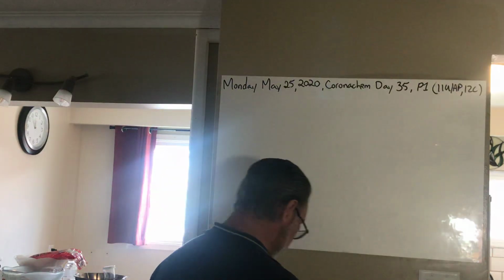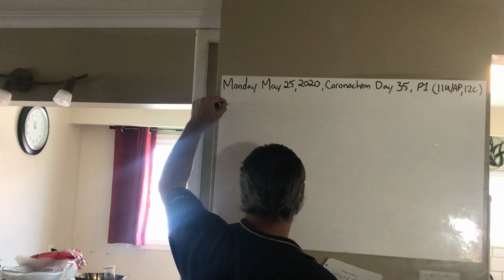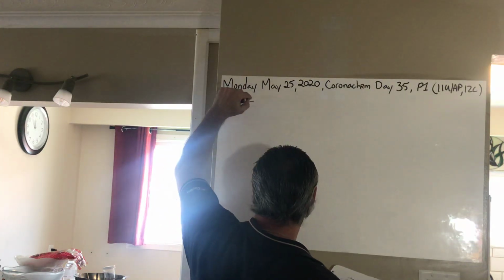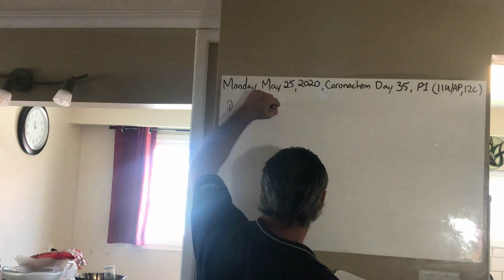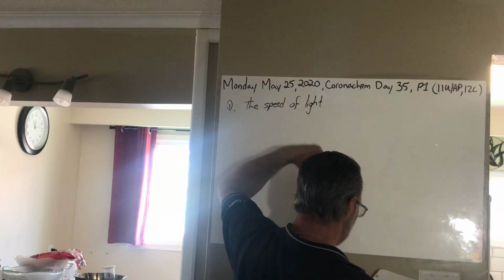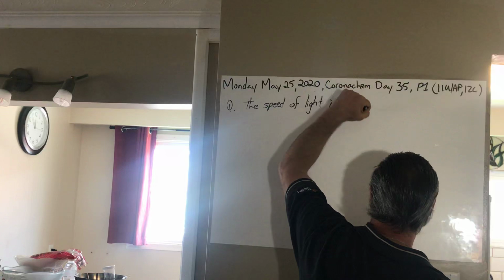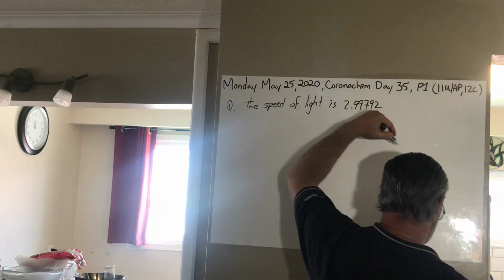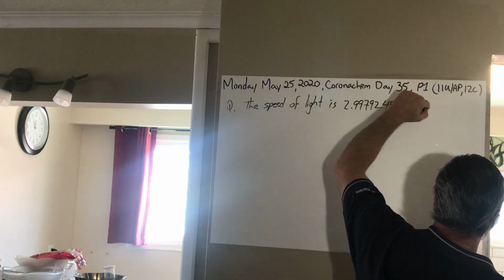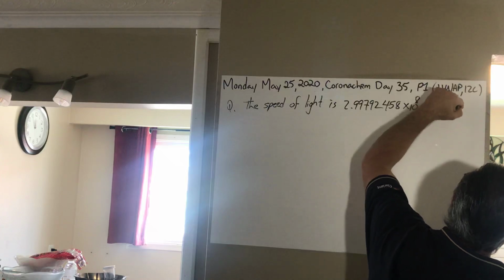Okay, so here's the question I want to ask. The speed of light is 2.99792458 times 10 to the 8 meters per second.